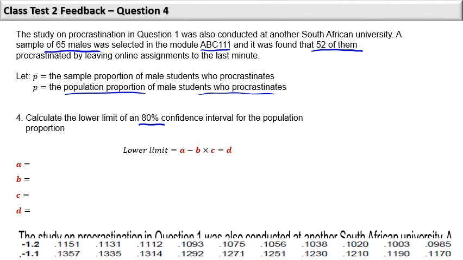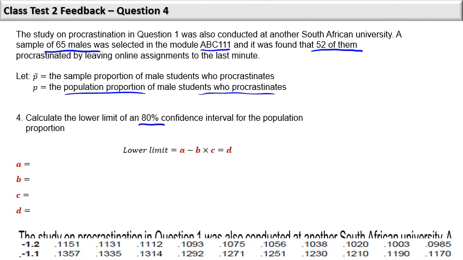In this case, we are supposed to find A, B, C, and D. How I would answer such a question is to write the formula for calculating a confidence interval for a proportion.